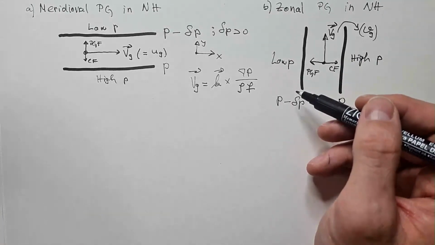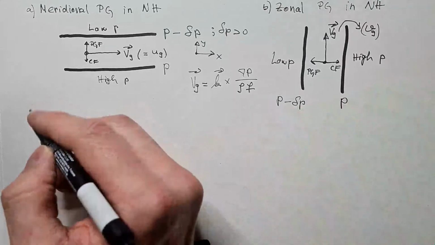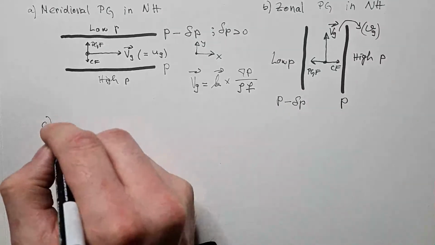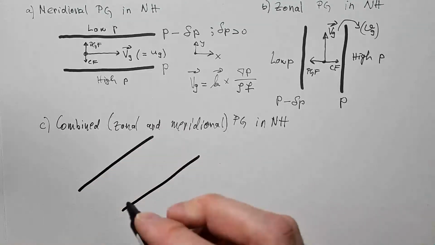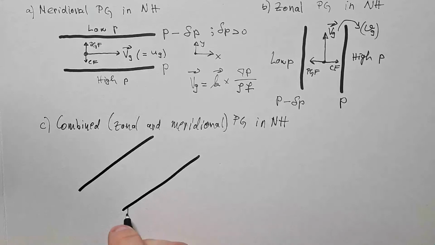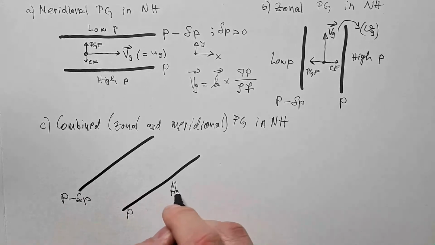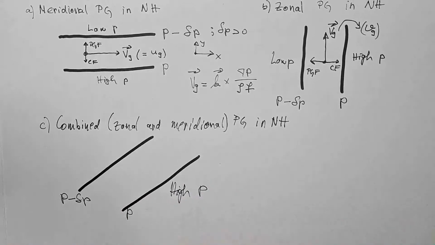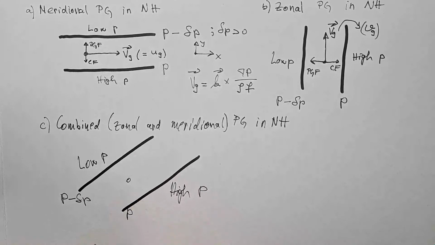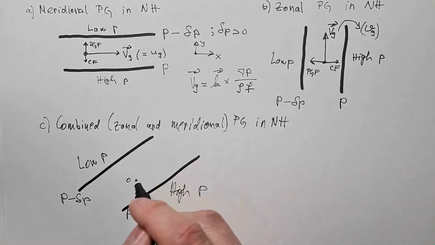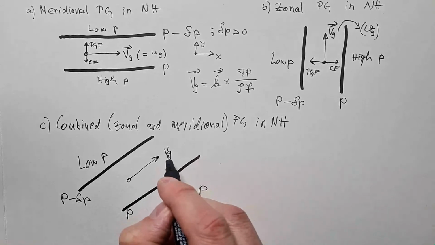Anyways, let's look into a combined zonal and meridional pressure gradient. Let's say that would be case C. That would look like this. And let's say again, this is P minus delta P. So this is high pressure and this is low pressure. We have a parcel of air here. We will have a geostrophic wind like this.